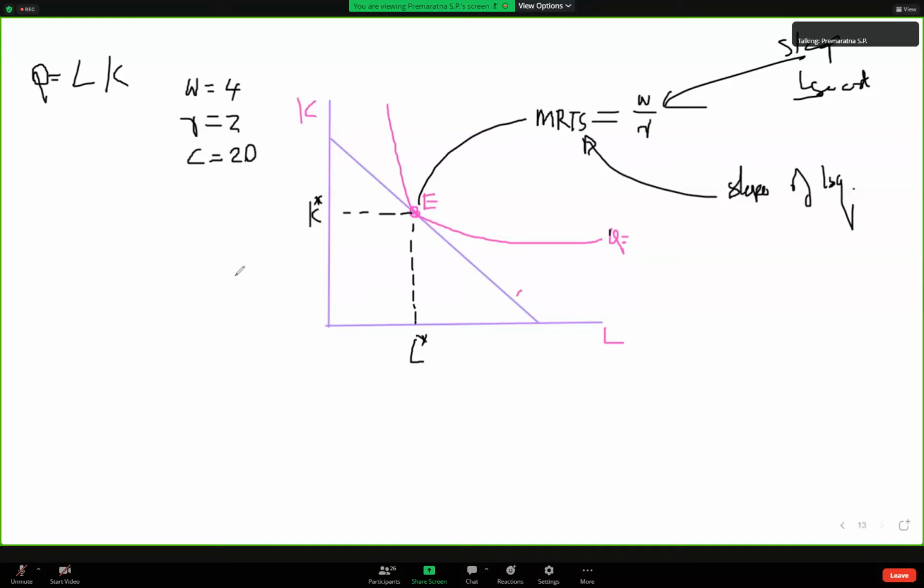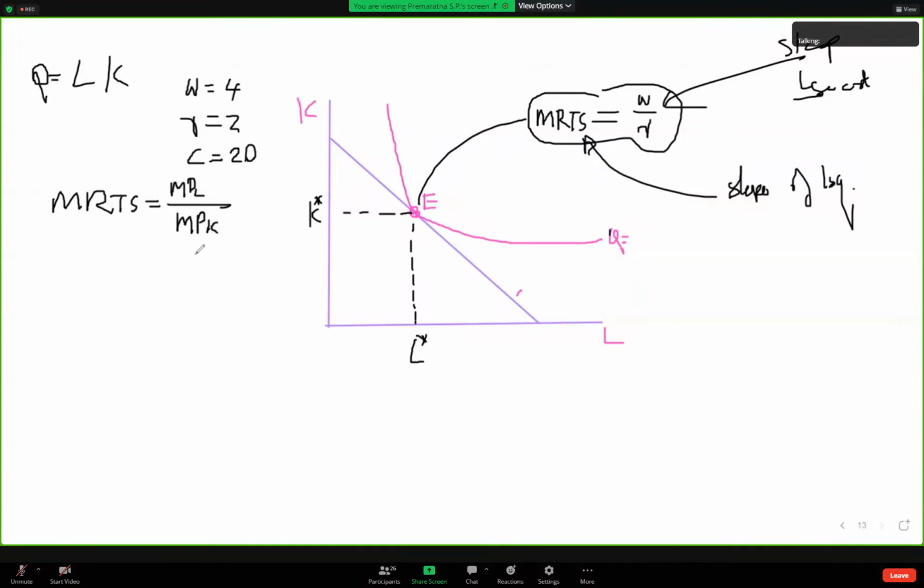Now, how to get this point? MRTS is equal to W over R. We know MRTS is the slope, as we discussed, the marginal product of labor divided by the marginal product of capital.